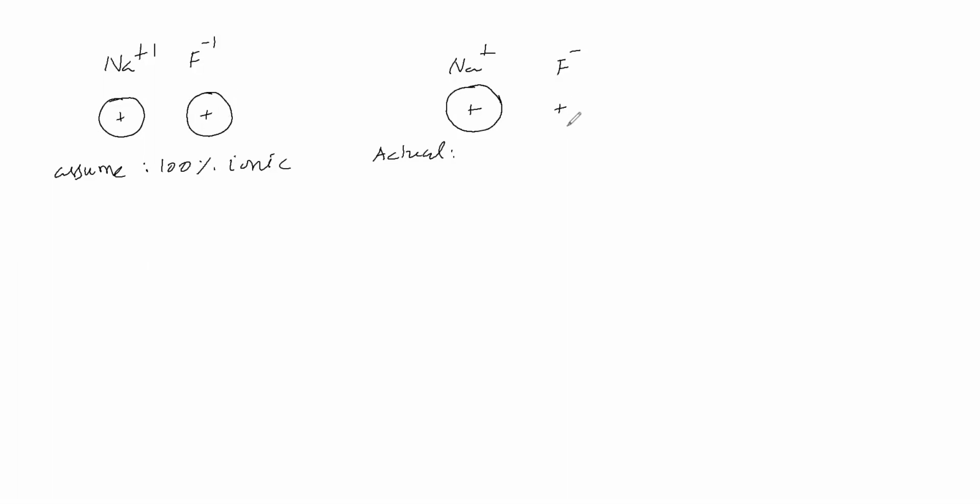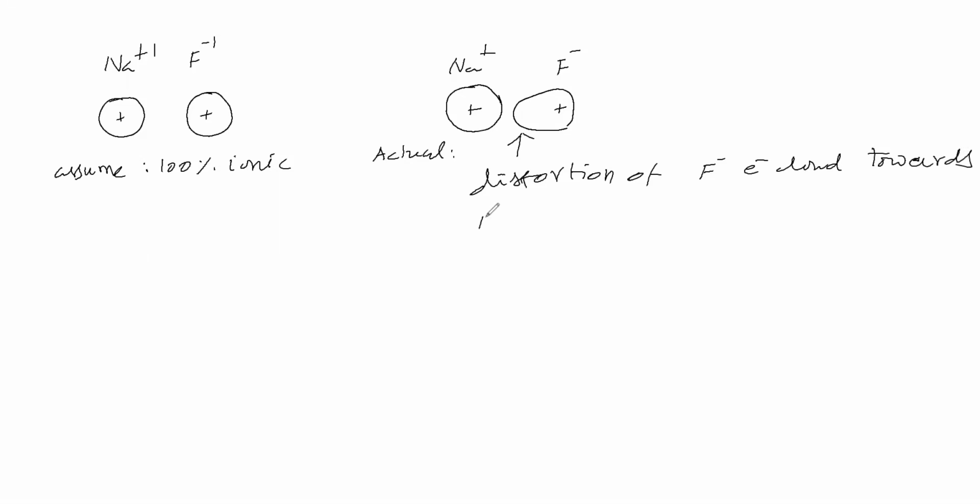Therefore, the F minus anion electron cloud is distorting towards the cation. So the F minus electron cloud is distorted towards Na plus.